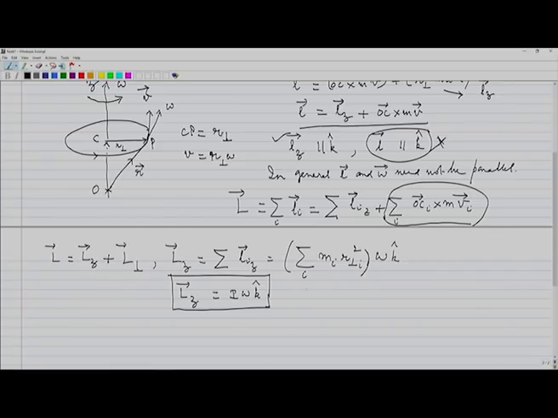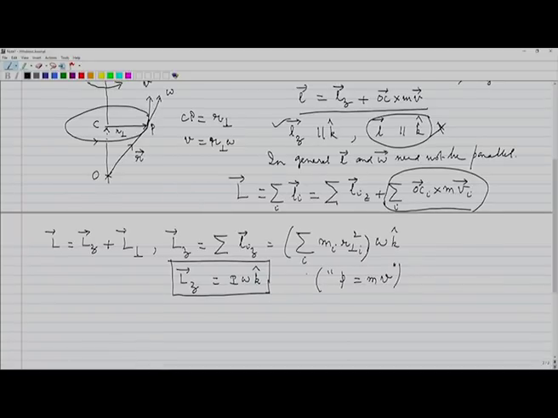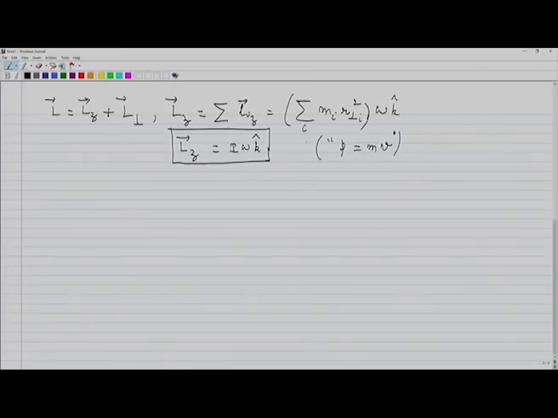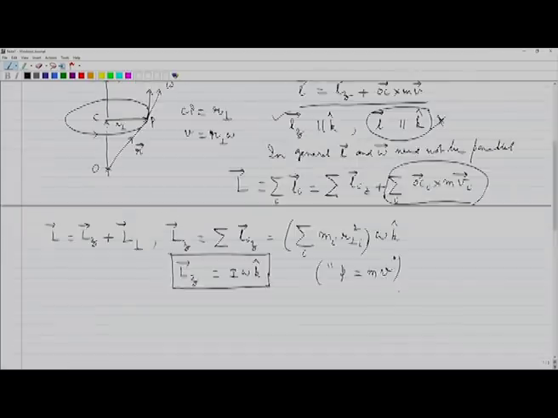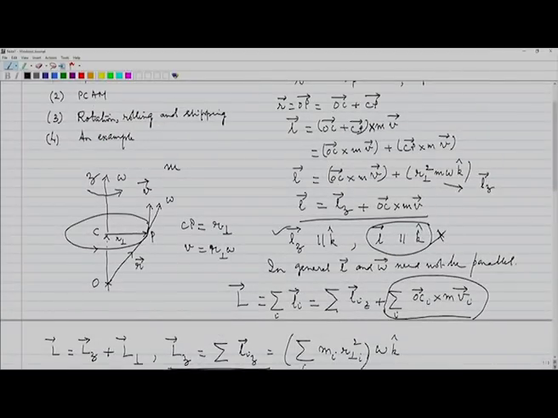So this equation should ring a bell in our mind. It is something similar to P is equal to mv in the case of linear motion. In the case of symmetric rigid bodies, for every particle which has a velocity v i, there is another particle with a velocity minus v i.